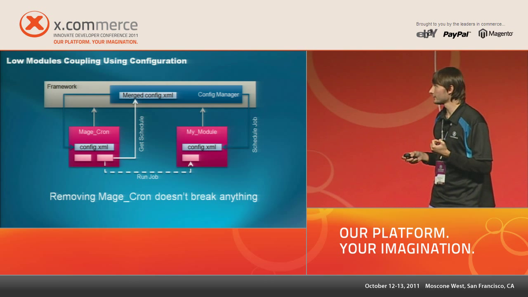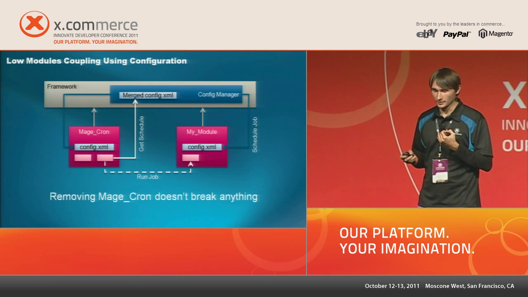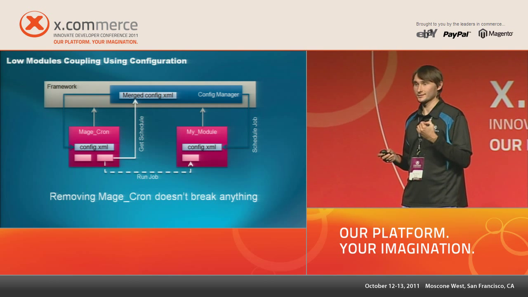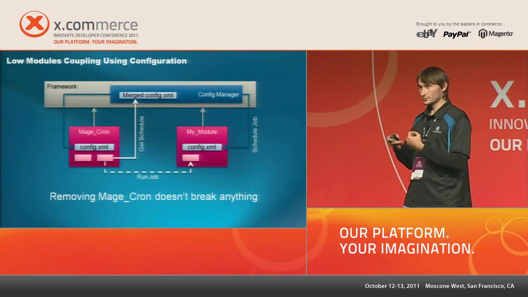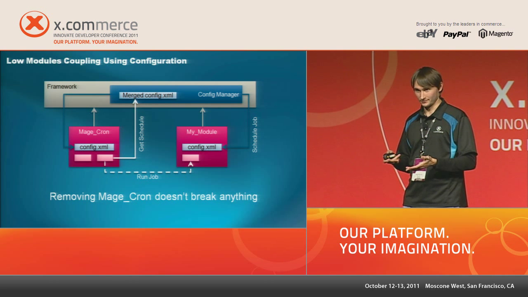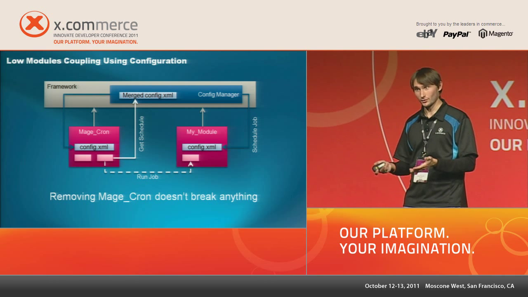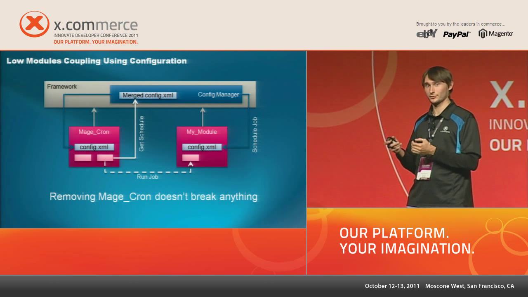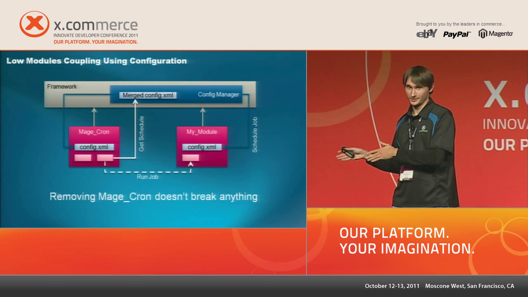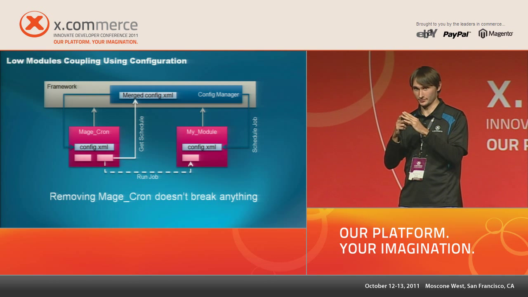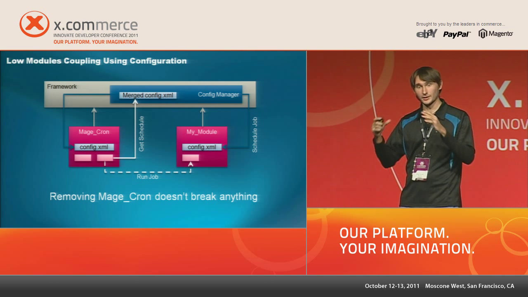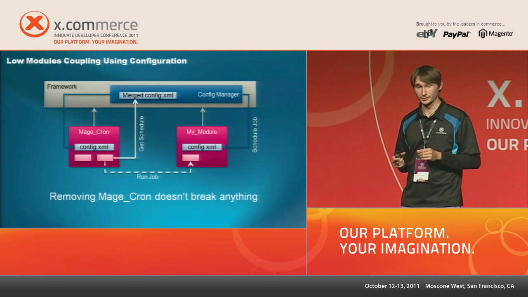The trick is that the Magento framework doesn't allow you to get access to a module's own configuration. You never have access to your own configuration. You don't have access to the configuration of somebody else either. You always have access to the already merged configuration, which is merged from all enabled modules in the system.